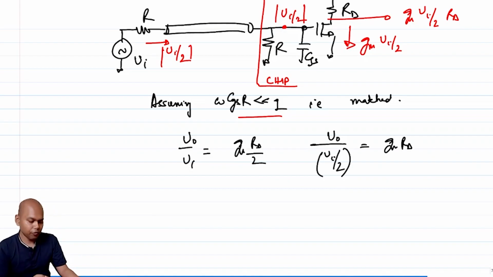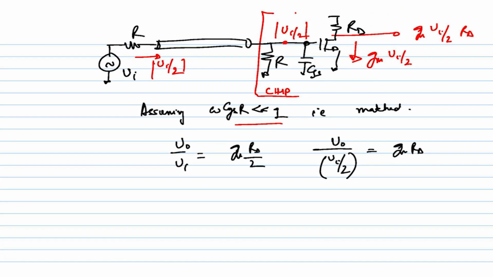So if you find an RF interface saying that I have a gain of this much, they are claiming that it's a gain with respect to a matched interface. So the gain is Gm Rd. Okay, so this is one way of matching. Fine. So what is another way? I am not going to criticize any of the matching schemes right now.